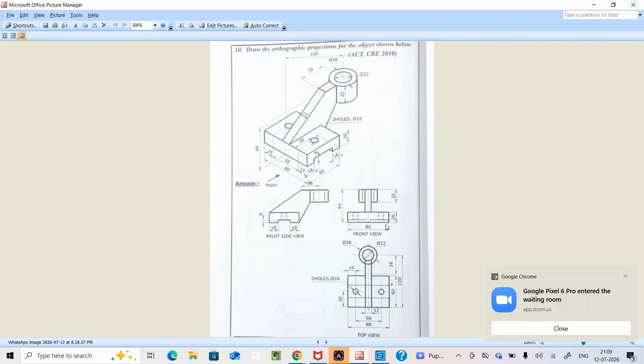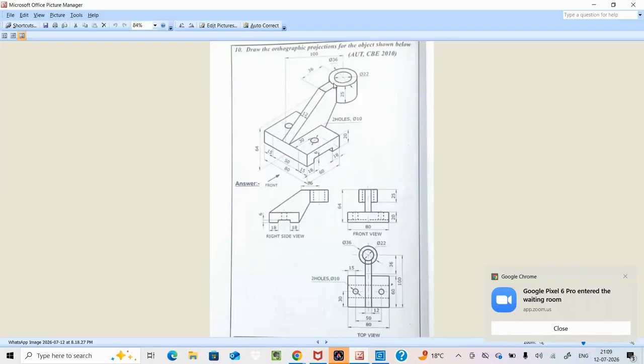So 80 by 64 is the height of this one now. In that 80 mm distance, these both circles will not be visible in the front view. So we have shown them in dotted lines.